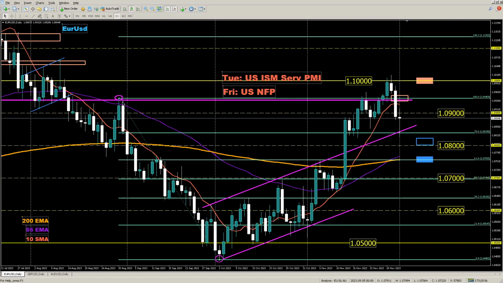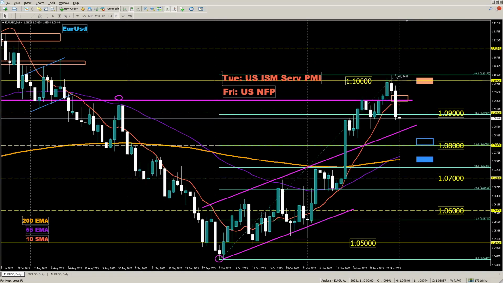Now, if we shift this to the retracement, that aligns with the 38 fib retracement here at the 108.